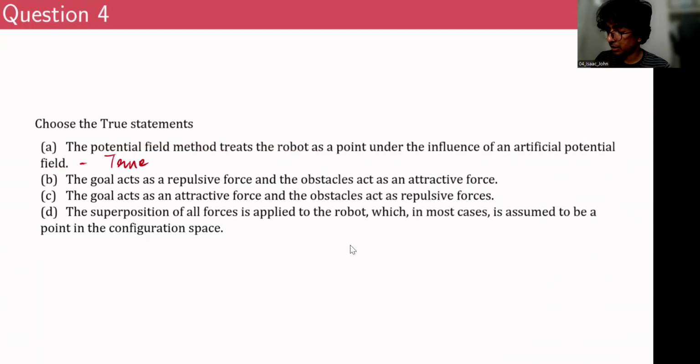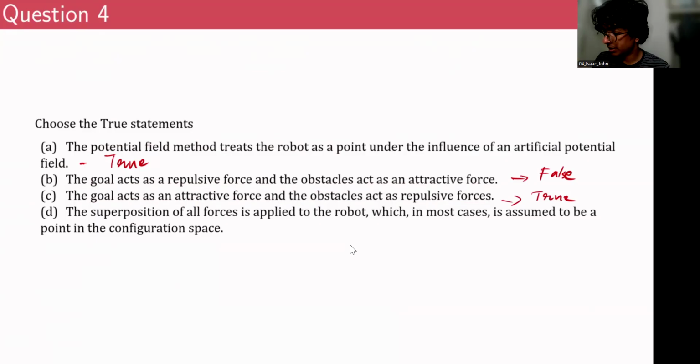The second statement is that the goal acts as a repulsive force and the obstacles as an attractive force. That is actually false, it's the opposite. Option C says the goal acts as an attractive force and the obstacle acts as a repulsive force. That's true.